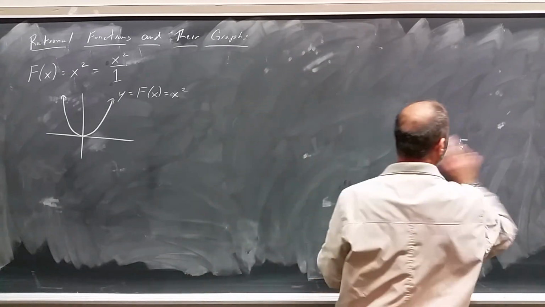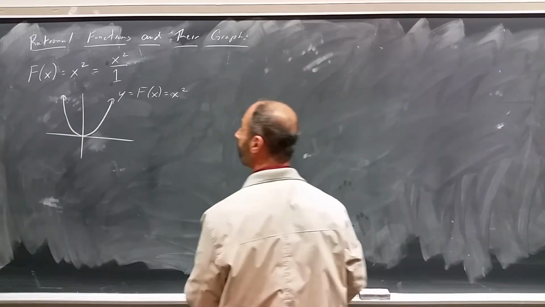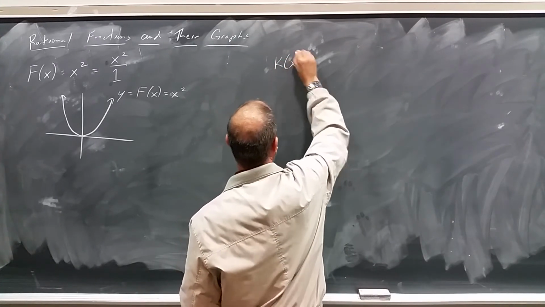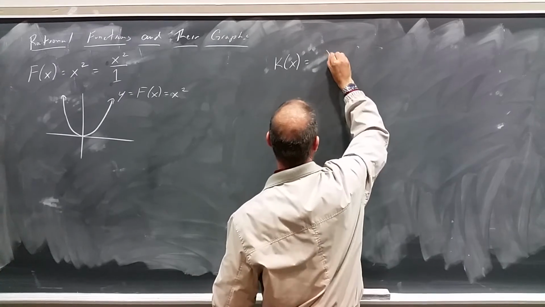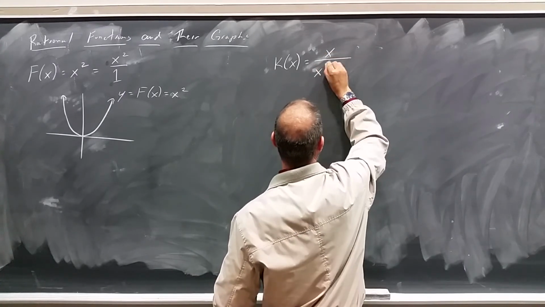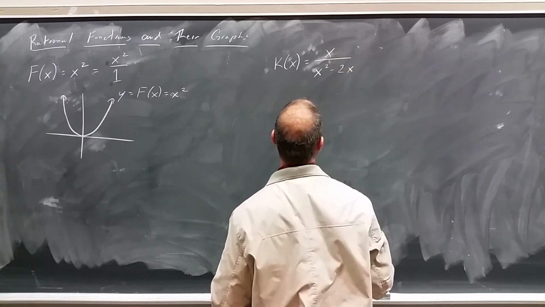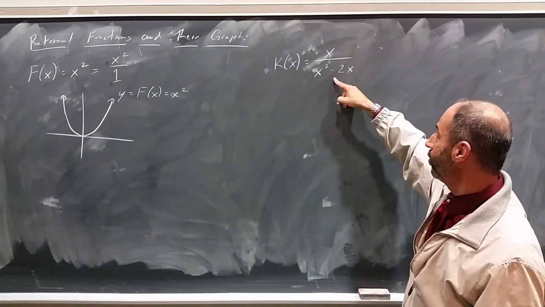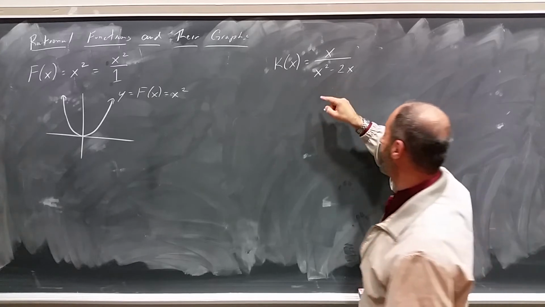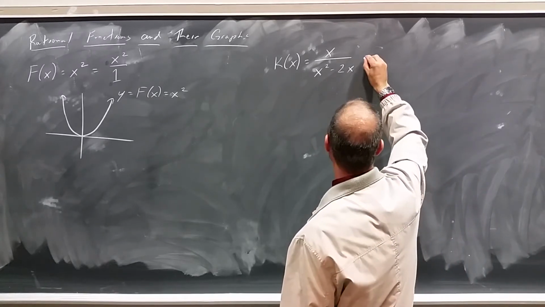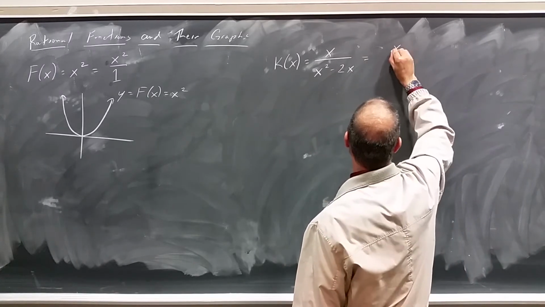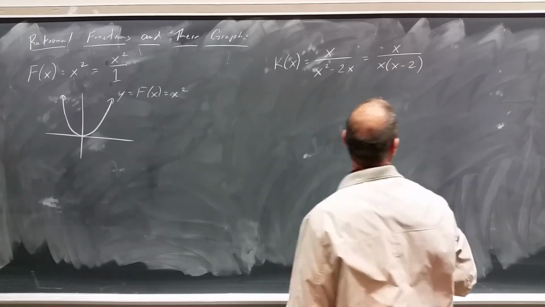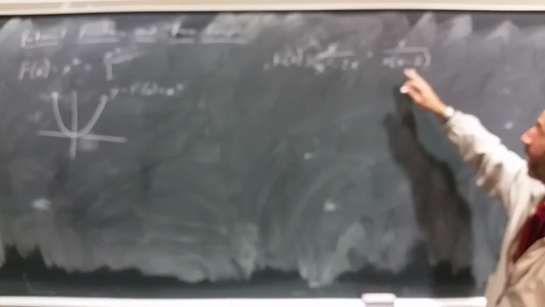I want to take a look at yet one more example. k of x equals x divided by x squared minus 2x. Looking at this thing, we may be tempted to factor an x out of the denominator, and this would certainly be an intelligent thing to do, and quite correct so far as we've gone.